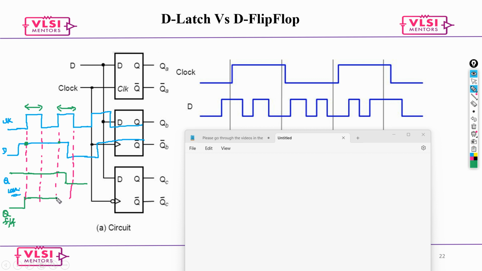Here it is 1, now here it is 0. So it holds until the next edge, and then it becomes 0 and continues.